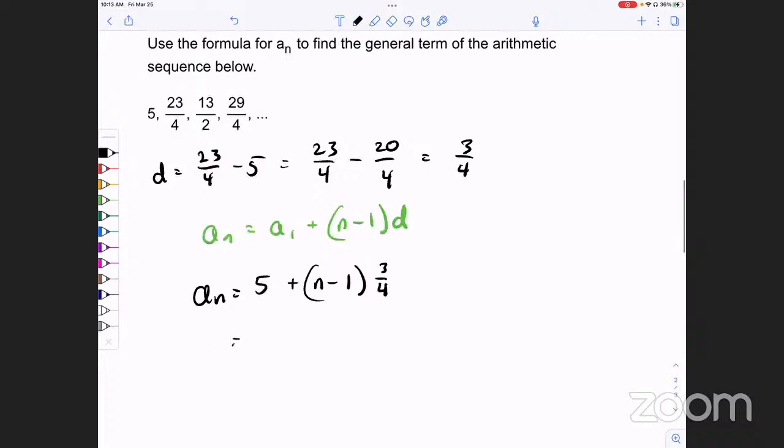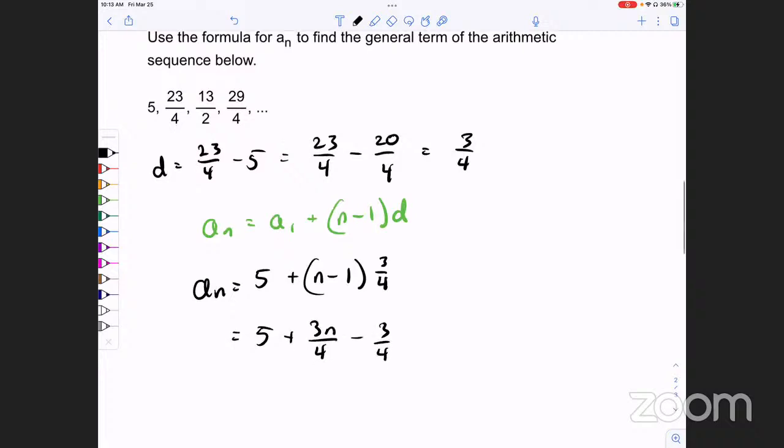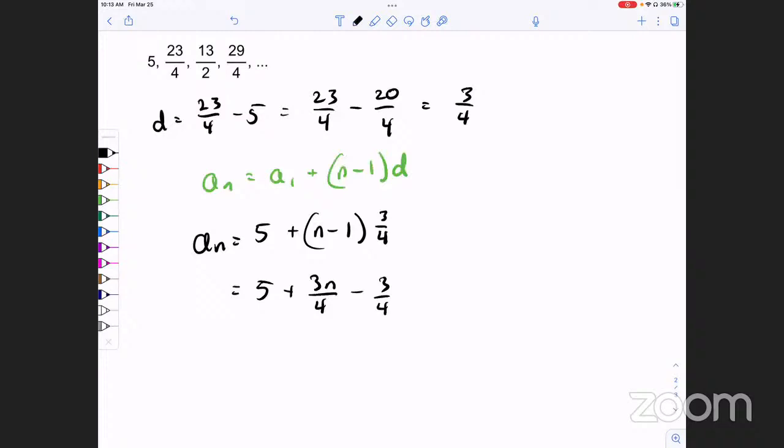If we simplify, that's 5 plus 3n over 4 minus 3/4. 4 and 1/4 is 17 over 4, so this will be 3n over 4 plus 17 over 4. That should be our general term.